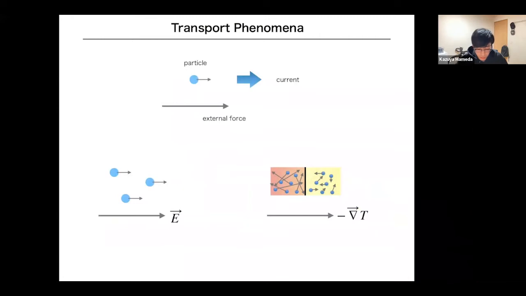In that sense, the study of chiral transport phenomena is a very important topic of modern quantum physics.